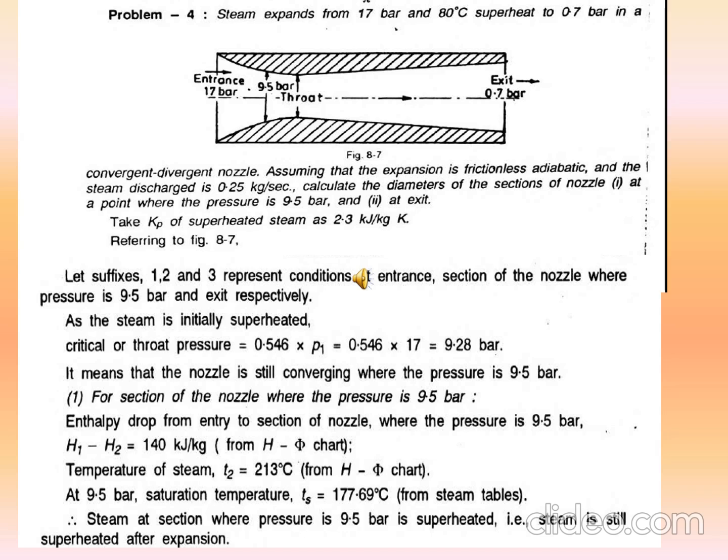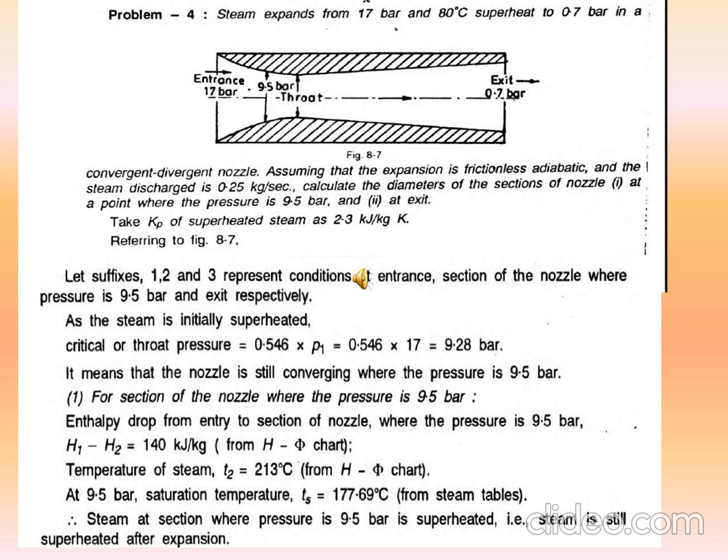Now consider case 1, calculating the diameter at the point where the pressure is 9.5 bar. First of all we have to find the heat drop. From the Mollier chart you got H1 and H2. From that the heat drop is 140 kilojoule per kg.